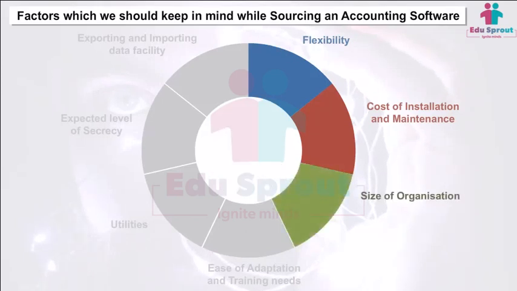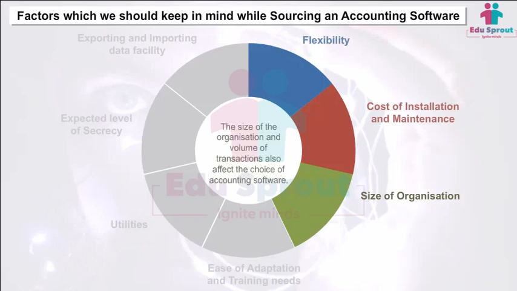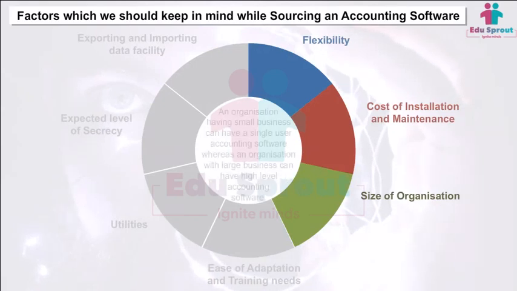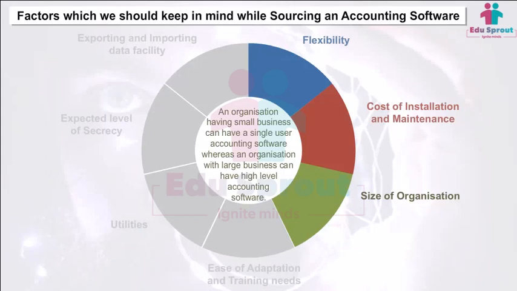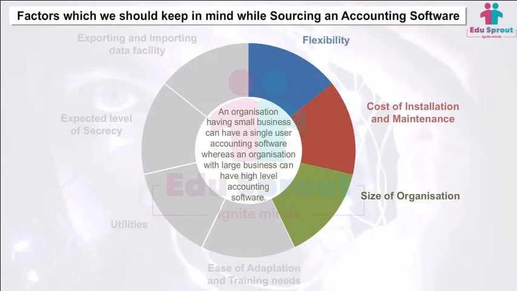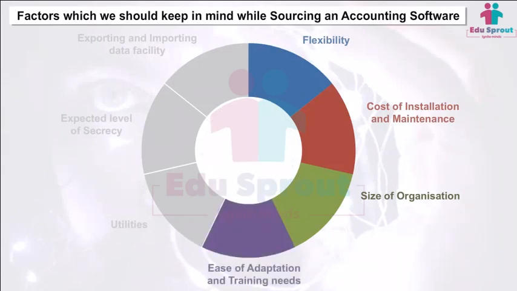Size of organization. The size of the organization and volume of transactions also affect the choice of accounting software. An organization having small business can have a single user accounting software, whereas an organization with large business can have high-level accounting software. Ease of adaptation and training needs.